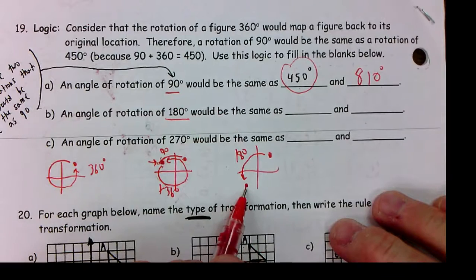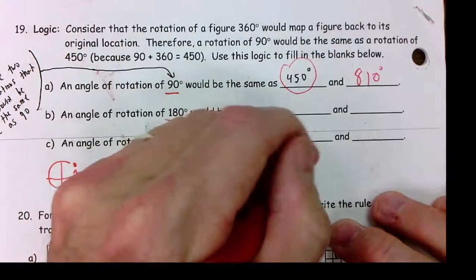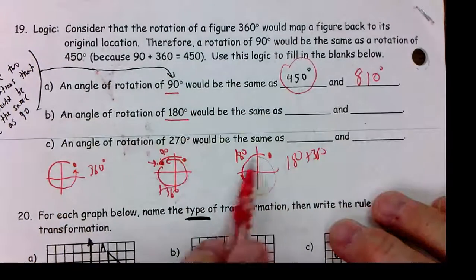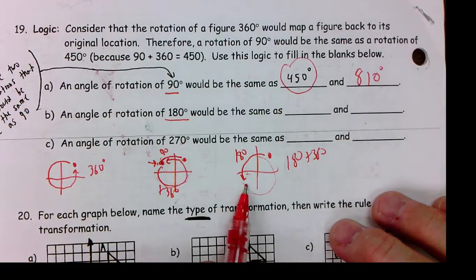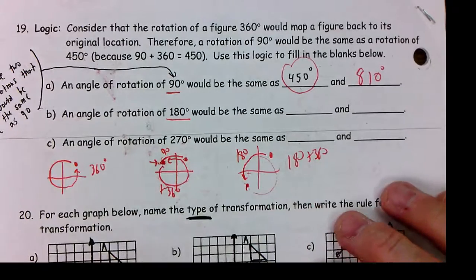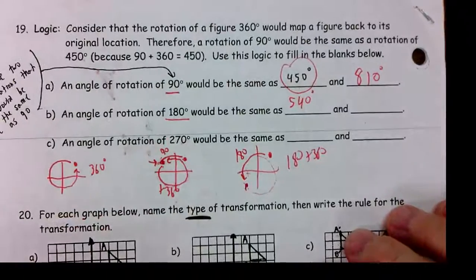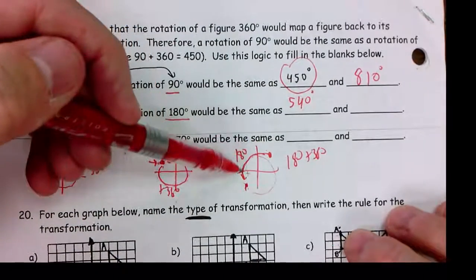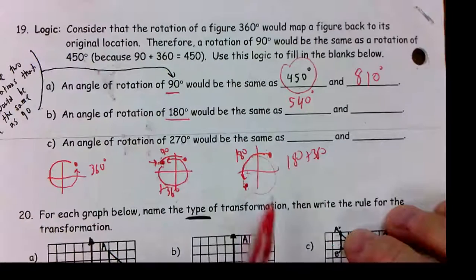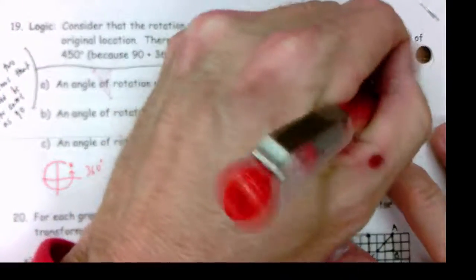And then you added another 360 to it, 180 plus 360 would be the same thing as just 180. So that means 180 plus 360 would be 540 degrees, would be the same as just 180. Or watch this one. If I go 180, that would be the same as going negative 180. Or 180 minus 360. That would be negative 180.